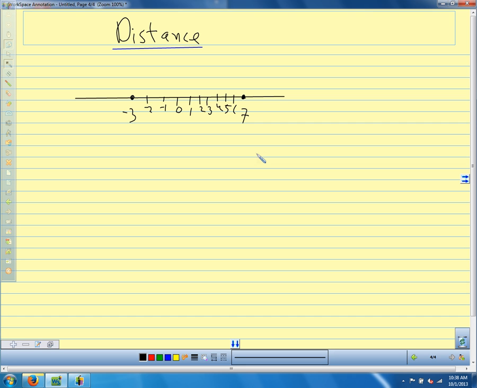Just looking at the number line, what did we do the very first time we learned to do this? Just count spaces.